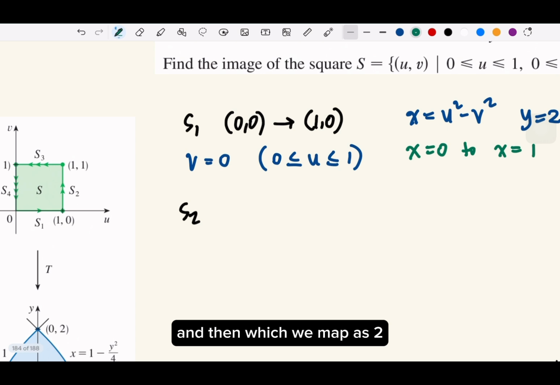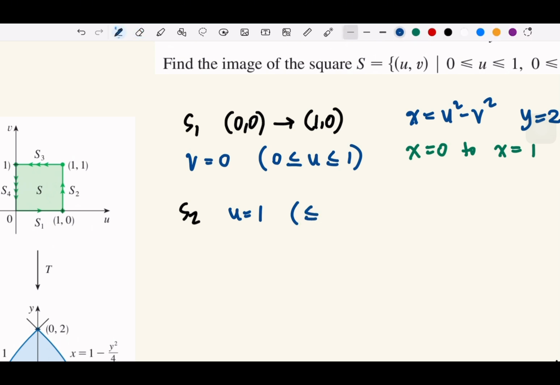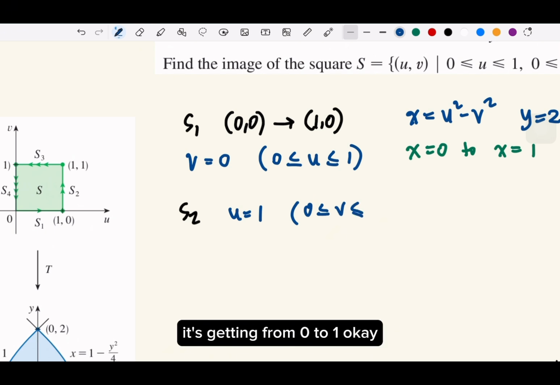And then we map S2, where U is 1 and V is going from 0 to 1.